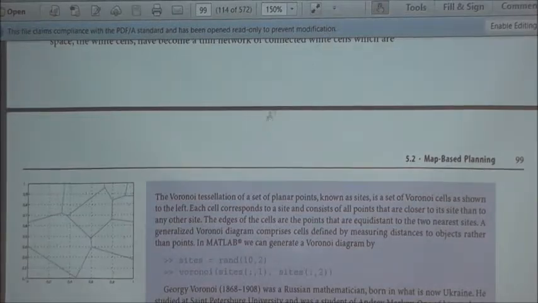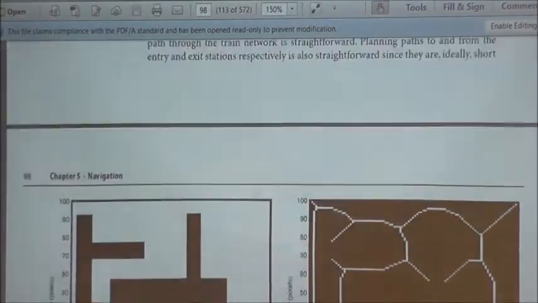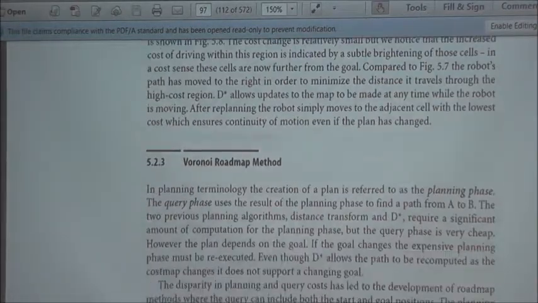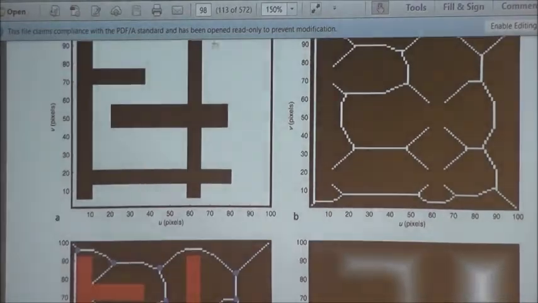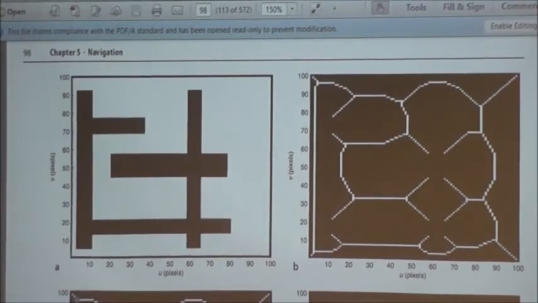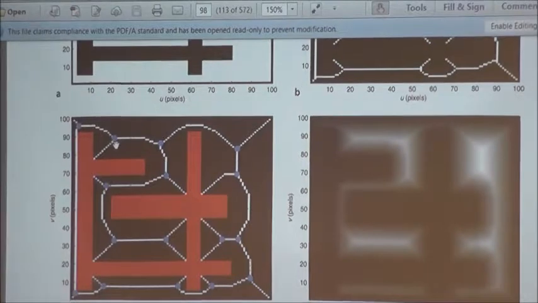So this is what's called Voronoi. It's called the Voronoi roadmap method, where you look at your map and change it into zones like this. The zones are all going to be connected every 3 paths with 1 point, the blue dots.